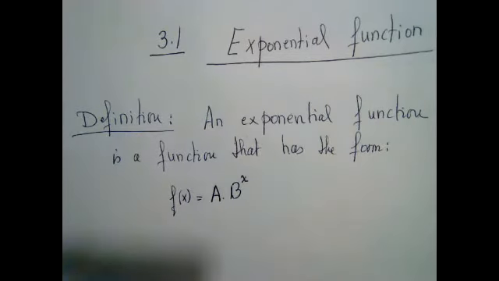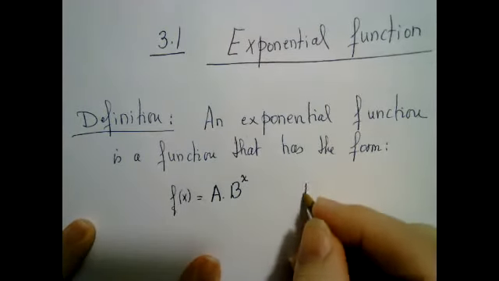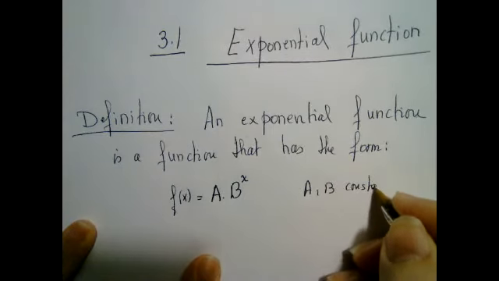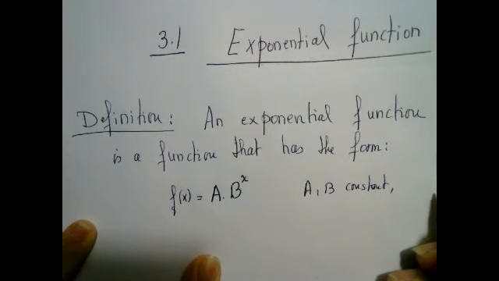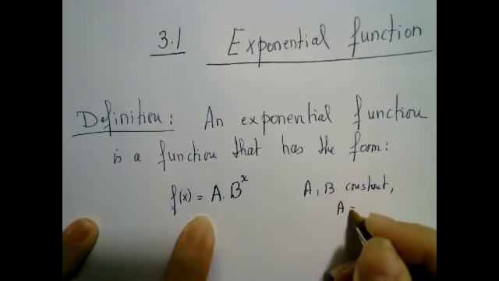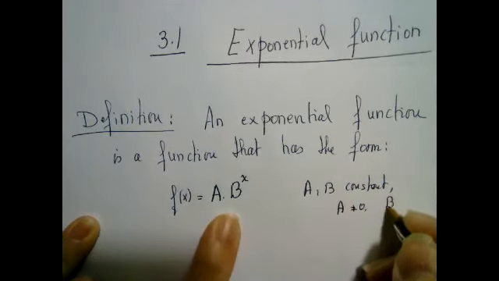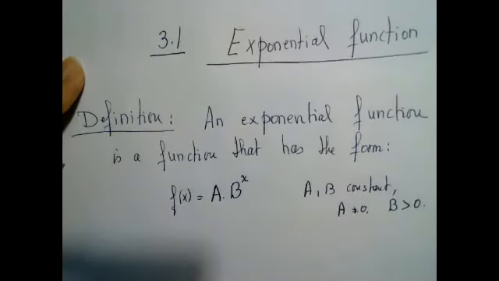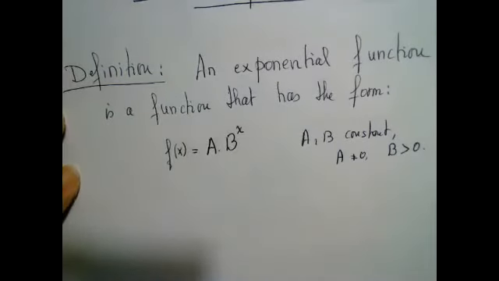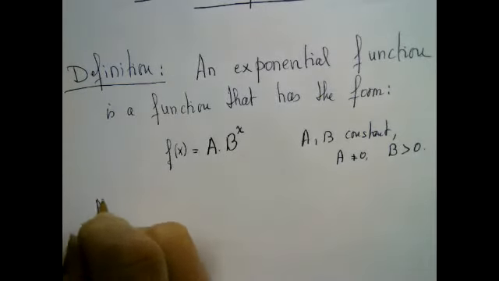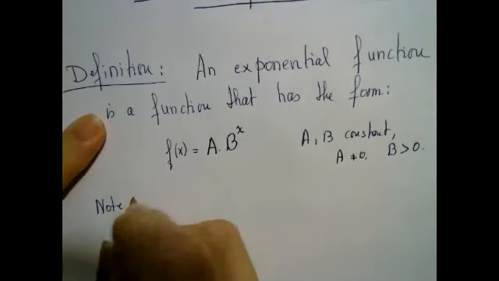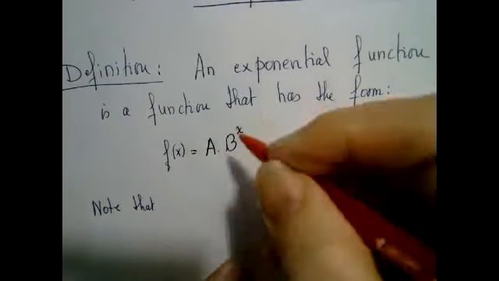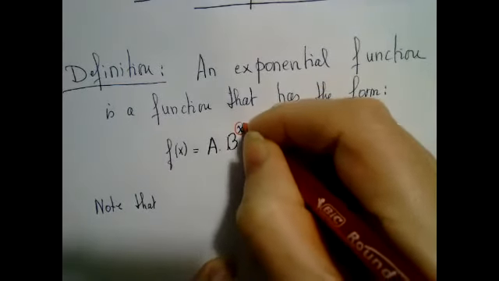Where a and b are constants, it means they don't depend on x. a is not 0, or this would be 0, and b has to be positive, or this will not make sense. Okay, so that's an exponential function. In an exponential function, it's important to note that the input, the x, is an exponent.